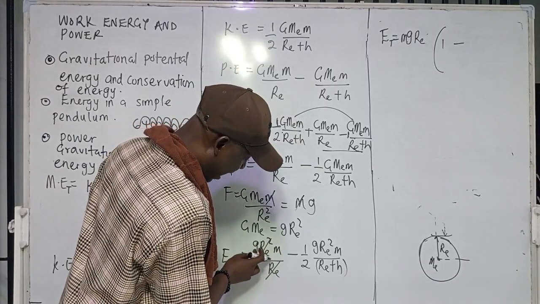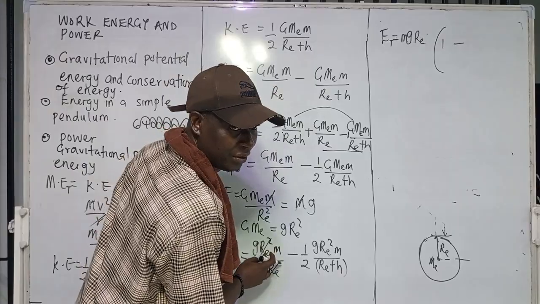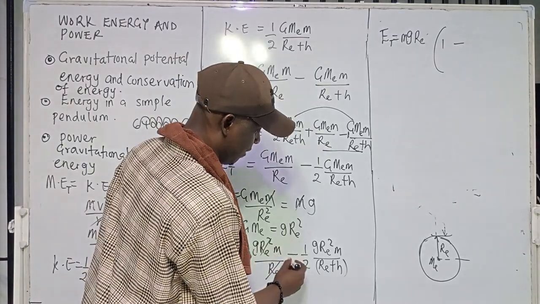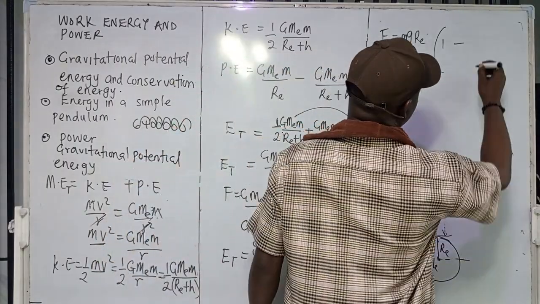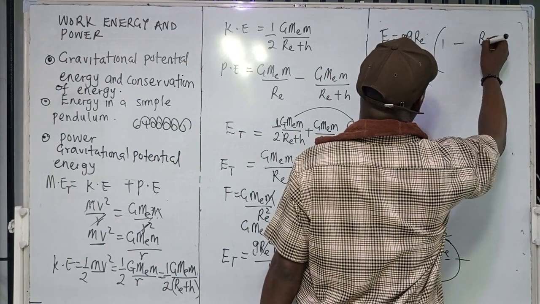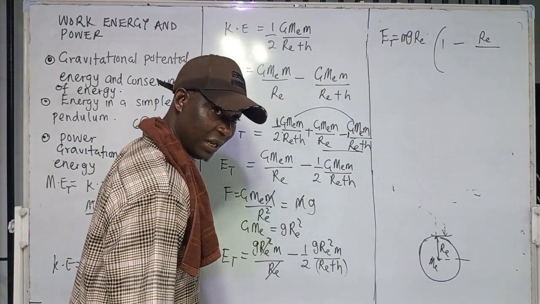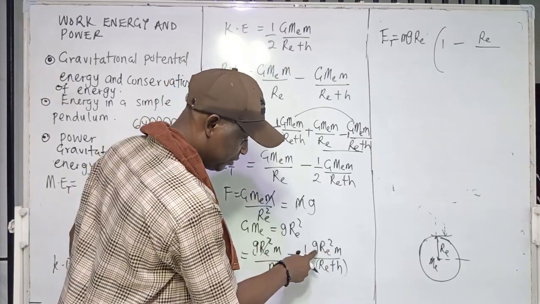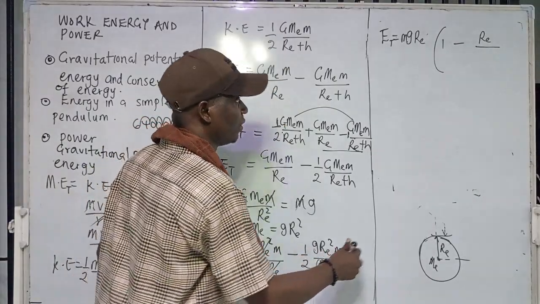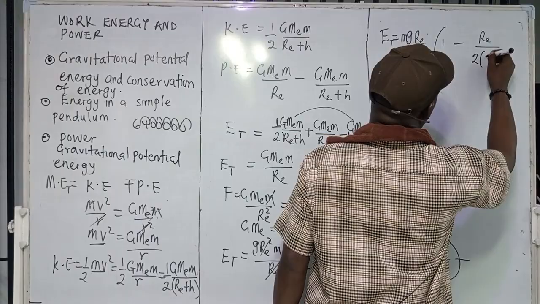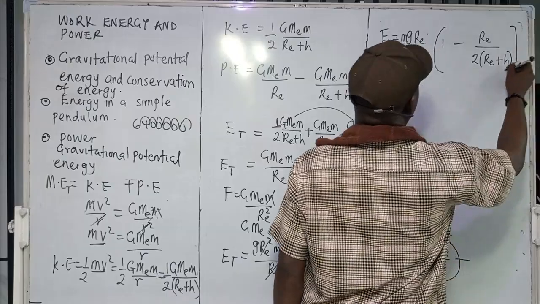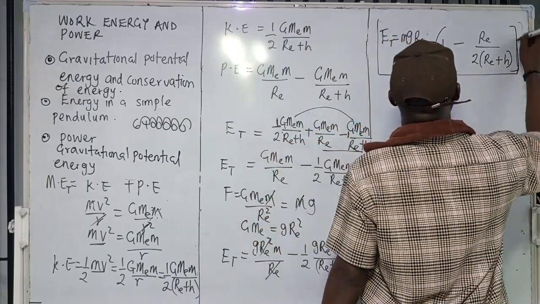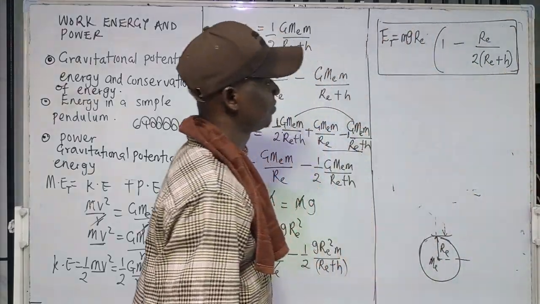So I've removed M g R E, so nothing is remaining here now. But if I remove M g R E, what will remain there? R E will now remain, abi? That is what remains now. If I remove M g R E, this one remains R over 2 back at R E plus H. This is the total energy.